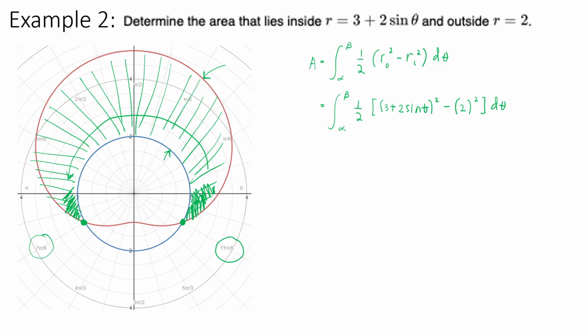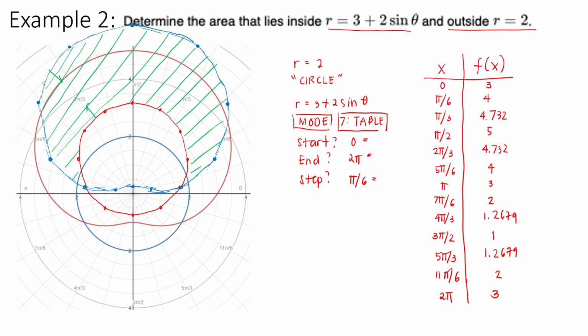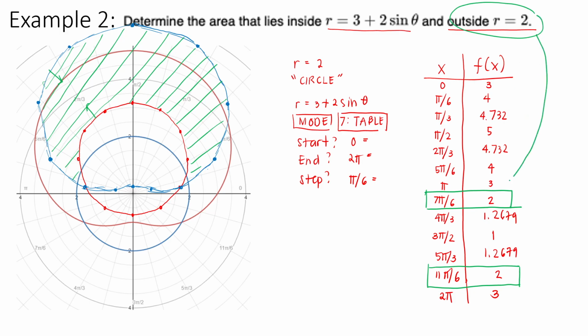If we go back to the graph, 11 pi over 6 is at 2, and 7 pi over 6 is at 2 also. So it verifies that it is the point of intersection because your equation for your circle is 2. Di ba? So mubangga siya at 2 yapon.